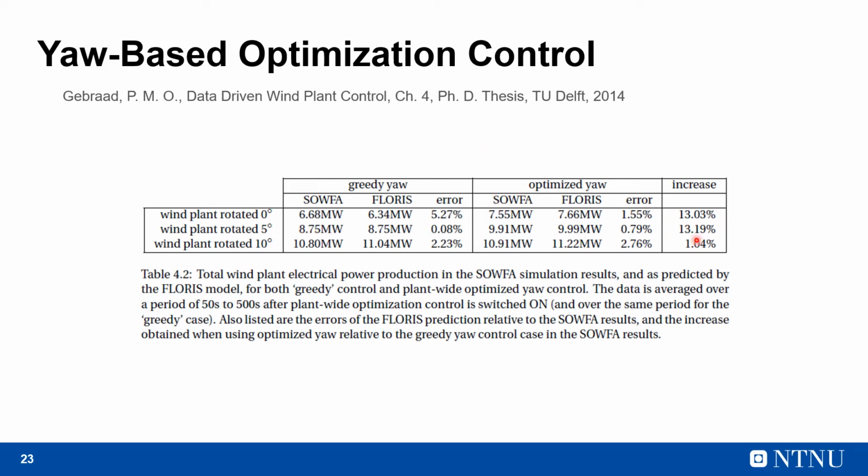A similar scenario is seen in the 5 degree case. But when we come to the 10 degree case, even with greedy yaw settings, SOFA predicted only 10.8 megawatts, and with optimized yaw settings, SOFA predicted 10.91 megawatts. So the increase due to using optimized yaw settings is not as much as we had expected in the 10 degree case.